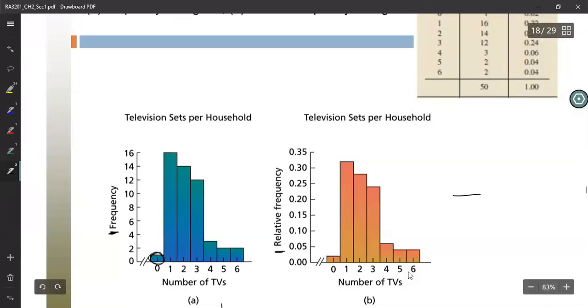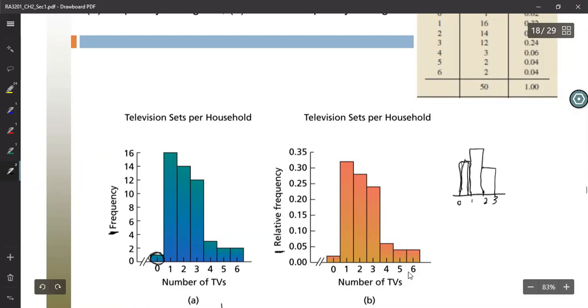If you draw the histogram with 0, 1, 2, likewise, it is not that clear for the discrete cases. That is why we use the midpoint for the discrete cases. So this is the best way to draw a histogram for discrete cases rather than using 0, 1, 2, and 3.